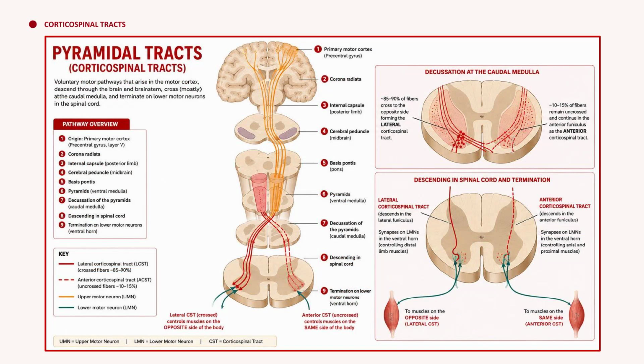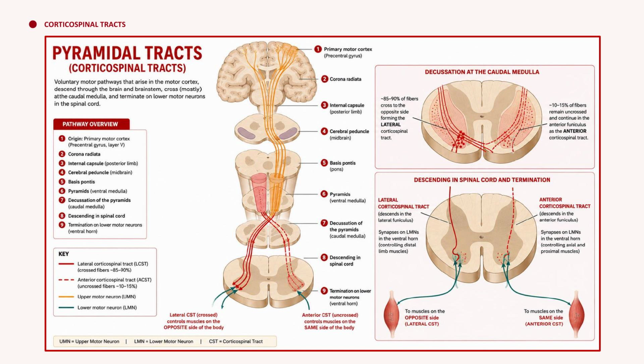Here is the whole corticospinal journey on one figure. Trace the 9 numbered steps with me. From the primary motor cortex, fibers funnel through the corona radiata into the posterior limb of the internal capsule, then the cerebral peduncle of the midbrain, the basis pontis, and gather as the pyramid on the ventral medulla. At step 7, the decussation, look at the inset.